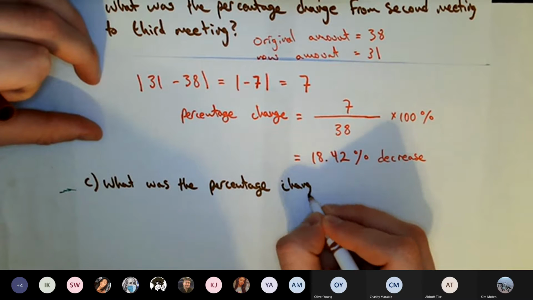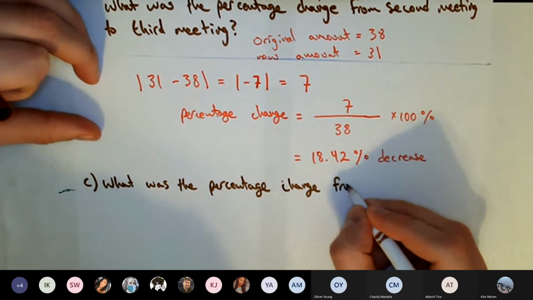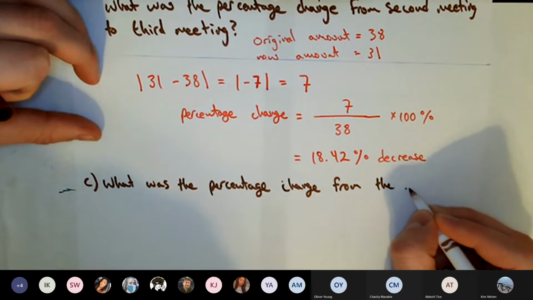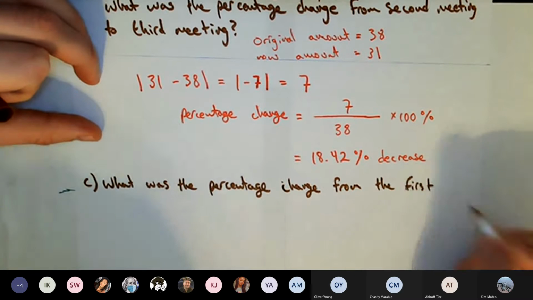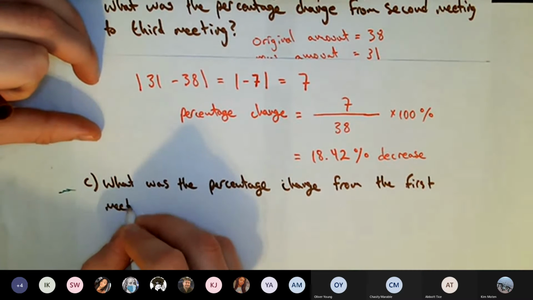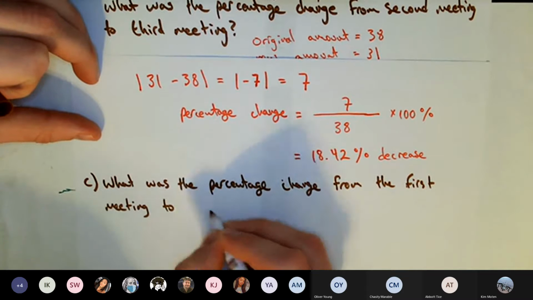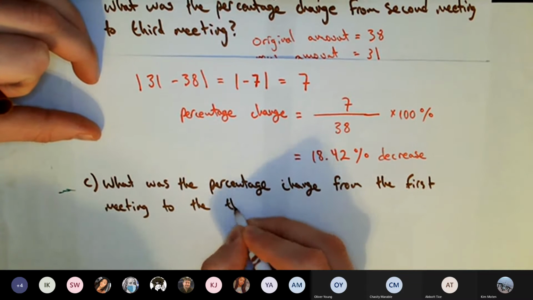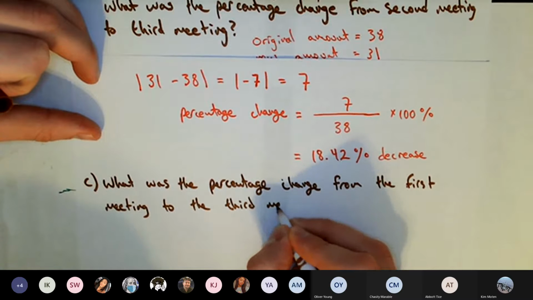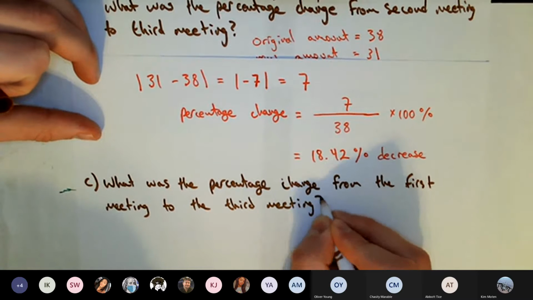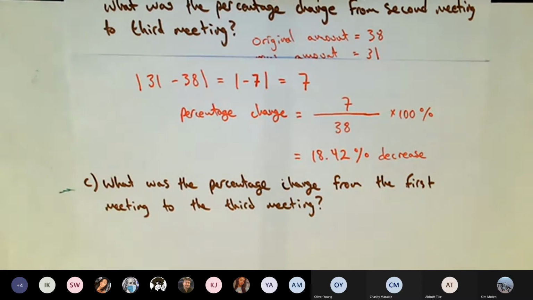What was the percentage change from the first meeting to the third meeting?